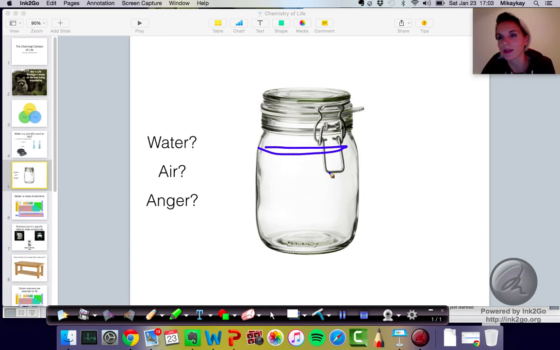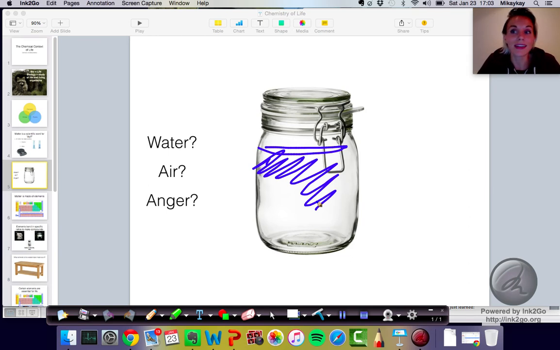It has volume, it has mass, easy, right? What about air? Can we put air inside of a jar? Sometimes people get confused by this, but the reality is that we can. Air definitely has a volume. It takes up some space. It fills up the spaces that we're in. This room that I'm in is filled with air. And if you measured its mass, it wouldn't have a big mass, but it would have a mass nonetheless. So in fact, water and air are both examples of matter.